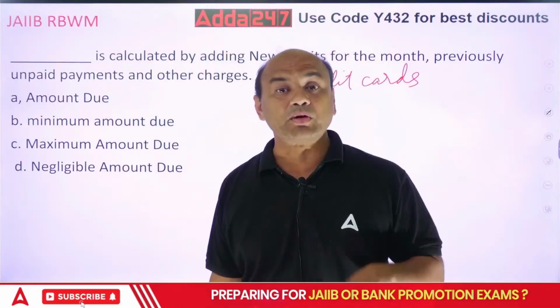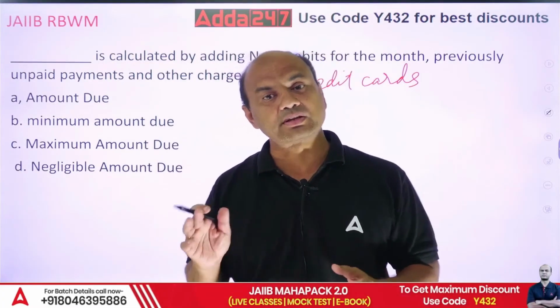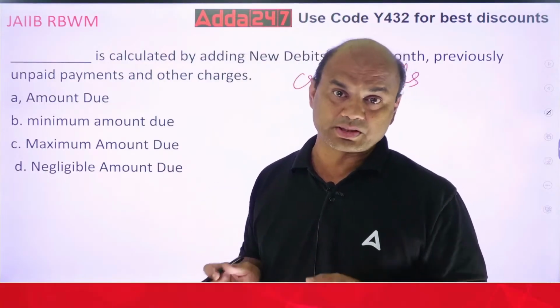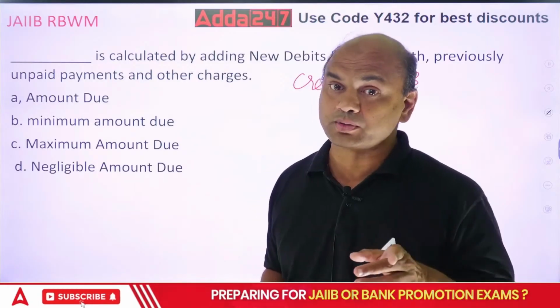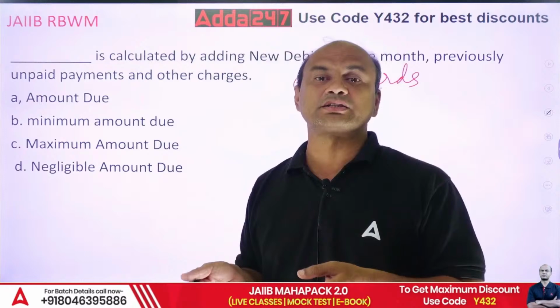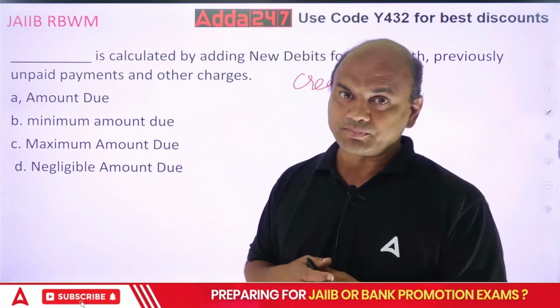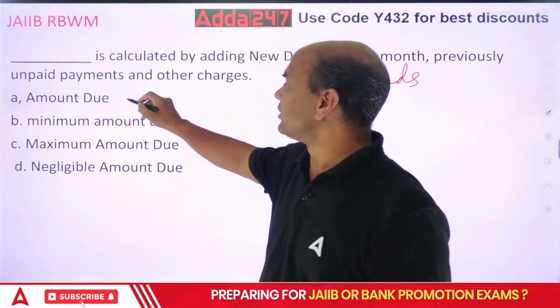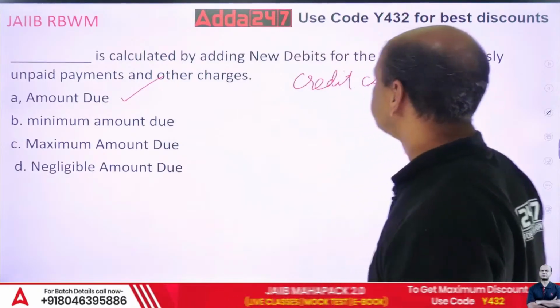Whenever you calculate the total amount due, it is calculated by how much transaction you have done for this month plus the balance for the previous month. If you have not paid the full amount, then that amount plus interest plus the transactions for this month. All these are calculated. So this is known as amount due.